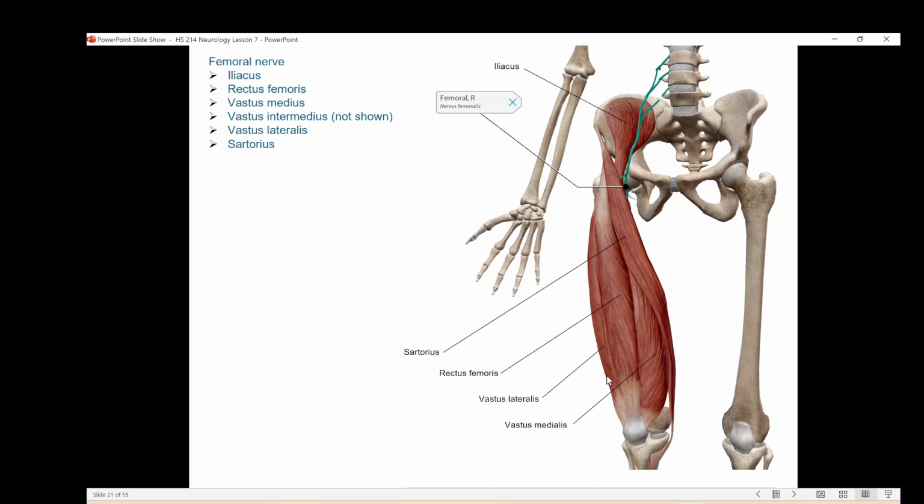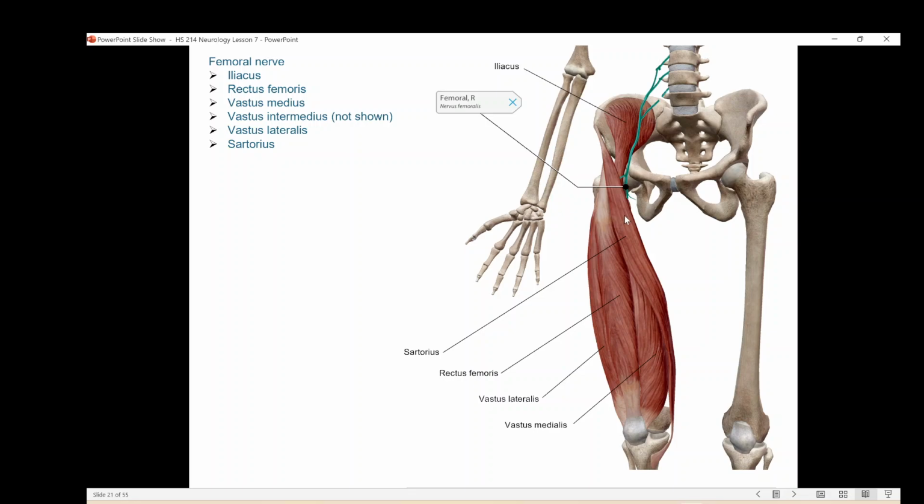All three of, I'll take it back, all four of those muscles extend the knee, right? They're going to do knee extension, but the rectus femoris, in addition, since it crosses the hip joint, will do flexion of the hip. Okay, so iliacus, and then your quads, vastus medialis, rectus femoris, vastus lateralis, and again, not shown under here is the vastus intermedius.